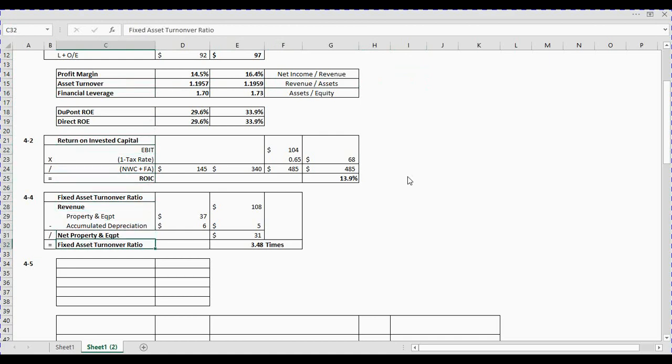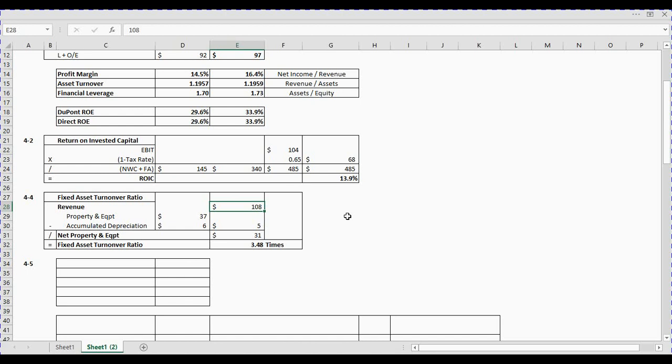This one is a little bit more detailed, only because we're using revenue again, the top line number. That's a little bit unusual, but we're going to go with it. That's what the book requests of us. So we're using revenue, and we're simply looking at the relationship between revenue and the assets that it took to generate that revenue, especially in this case the fixed assets, not all the assets.